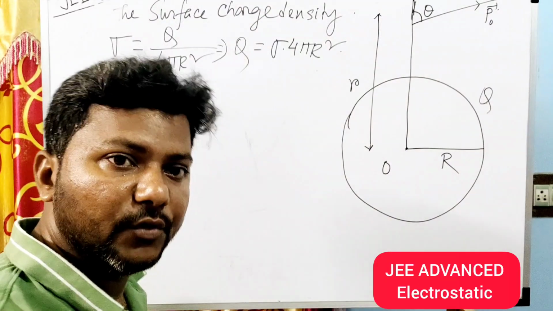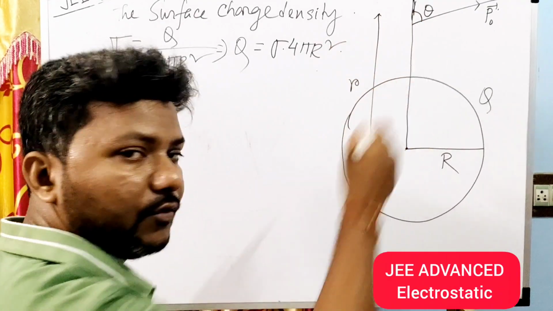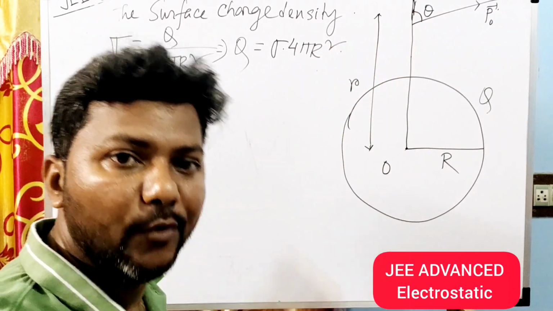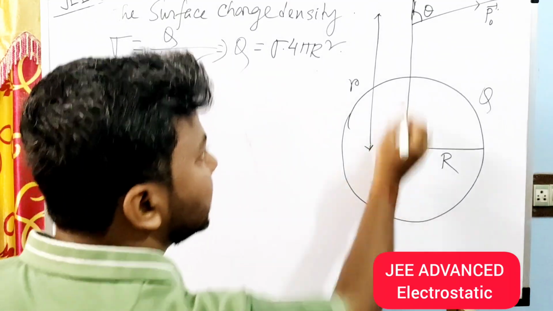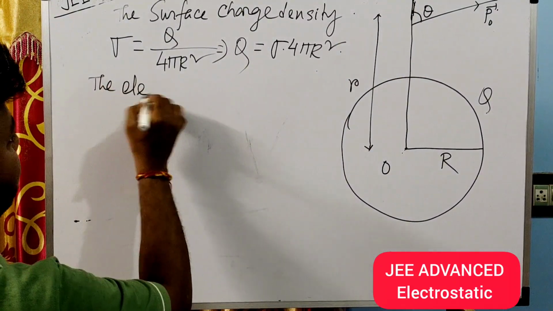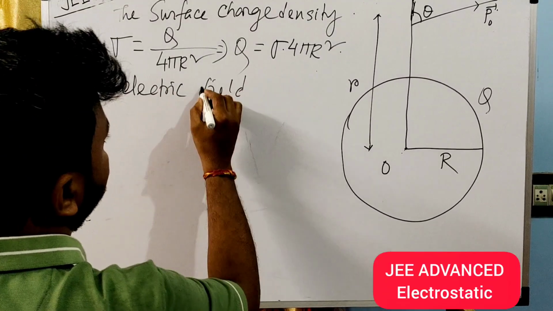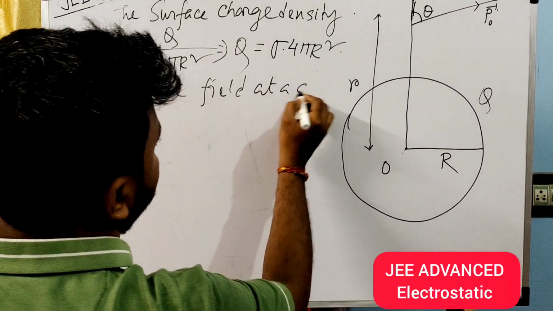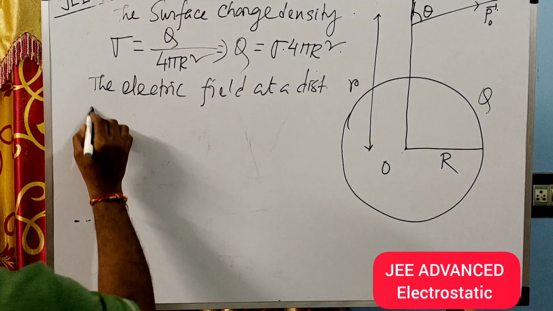We also know that if charge is there, an electric field will be developed. So what is the electric field at a distance small r?